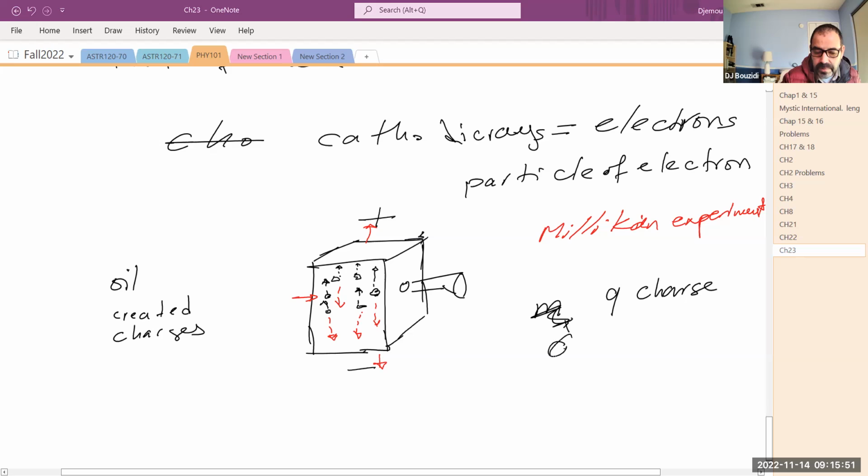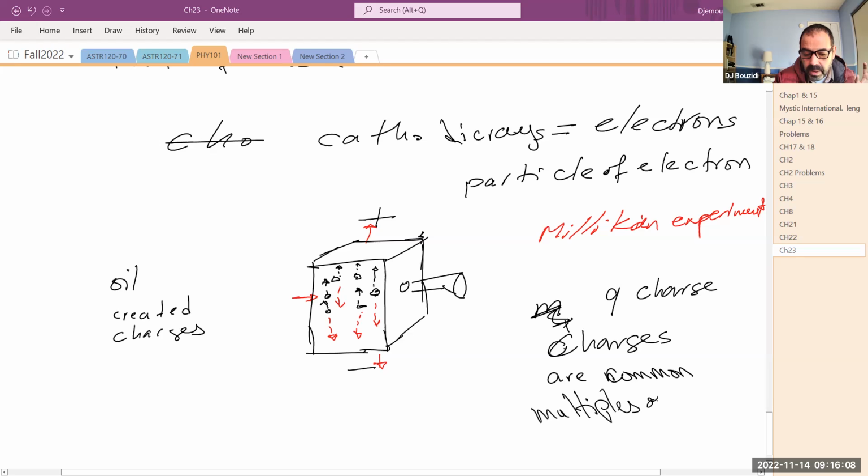When he plotted the data, it took him a long time to plot it, he found that all the charges are common multiples of a unit charge.